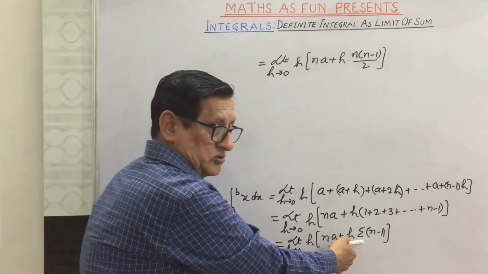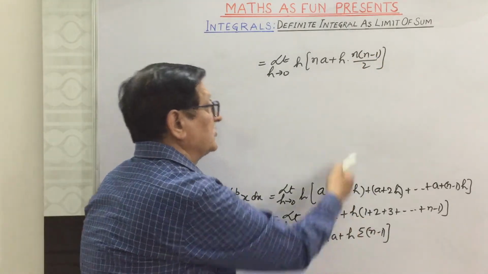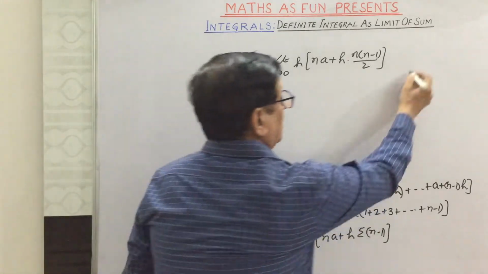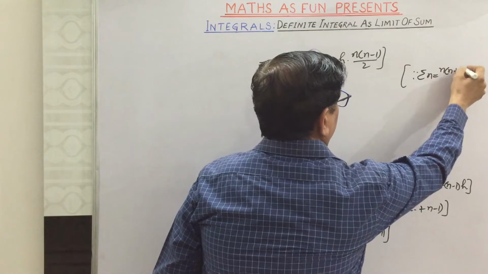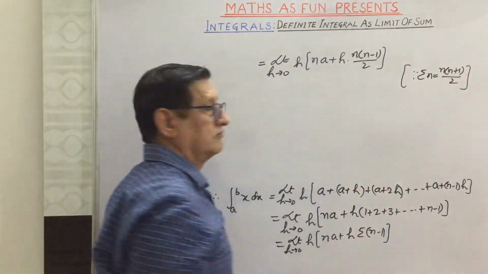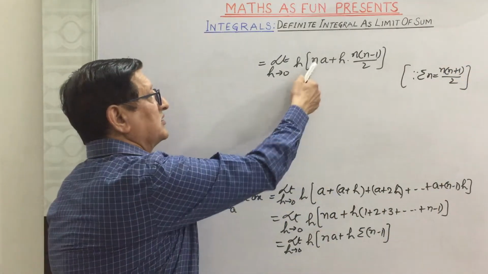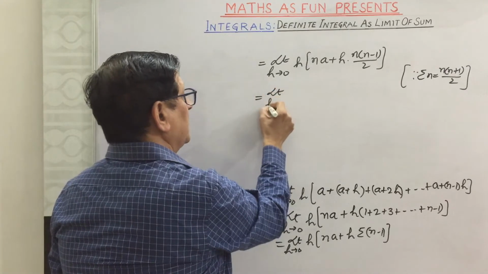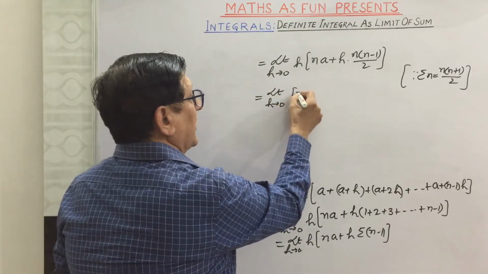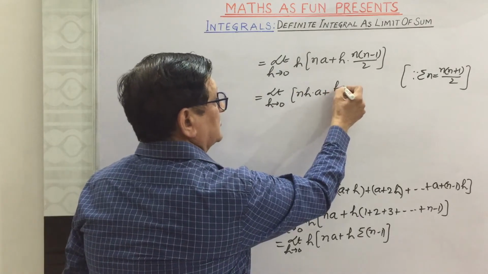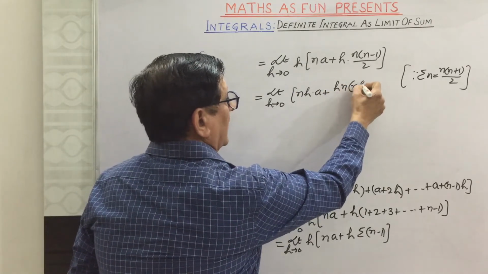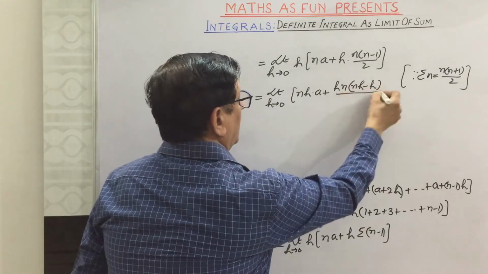We know the sum of n minus 1 natural numbers is this. We are applying the formula here, sigma n is equal to n into (n plus 1) by 2. If we multiply this h inside, this will be the limit as h tends to 0 of nh into a plus nh into (n minus 1) h upon 2.